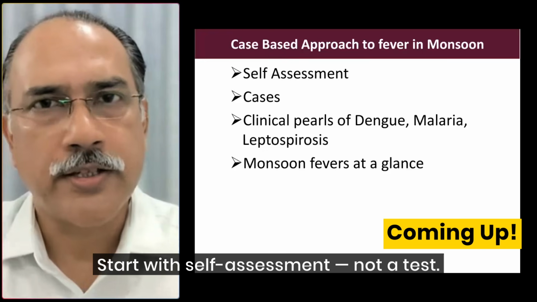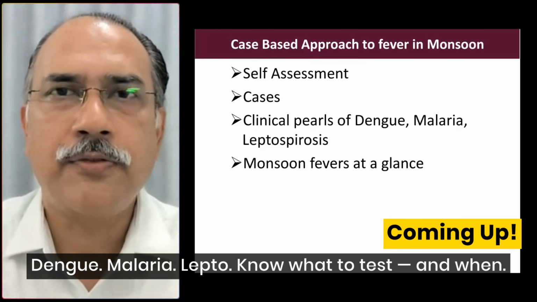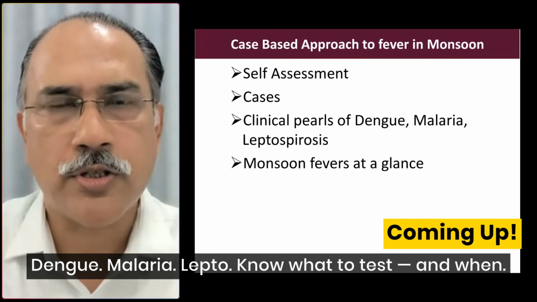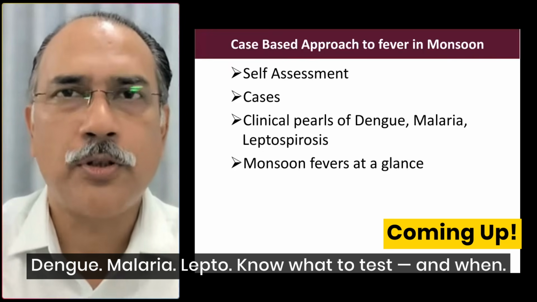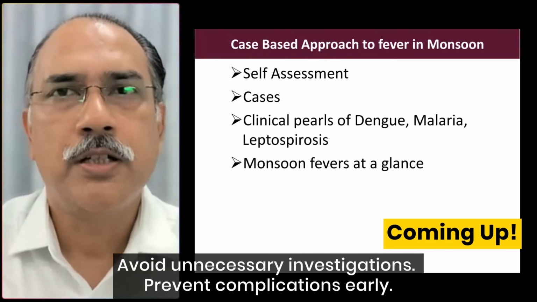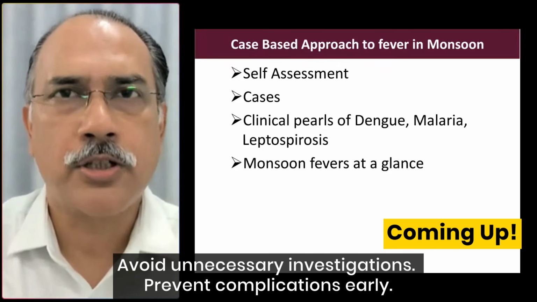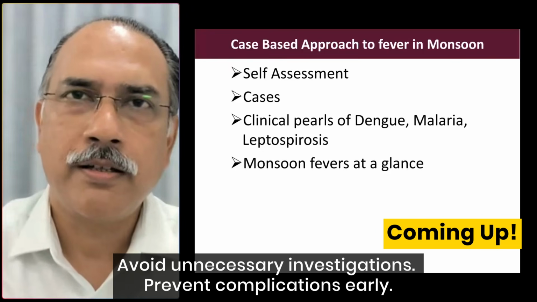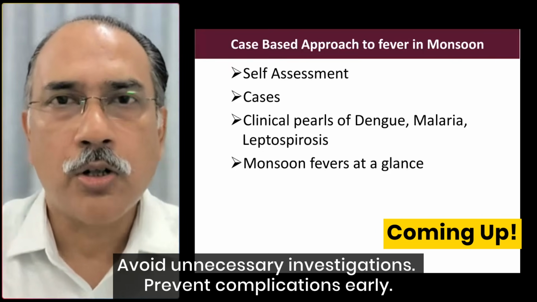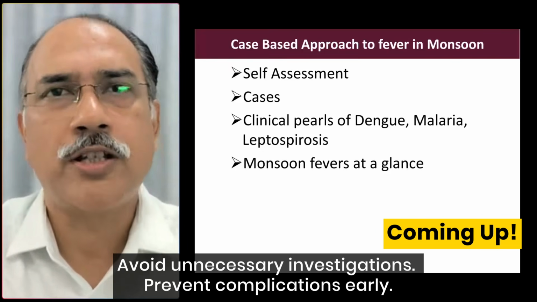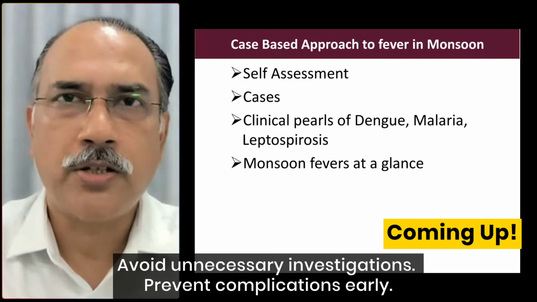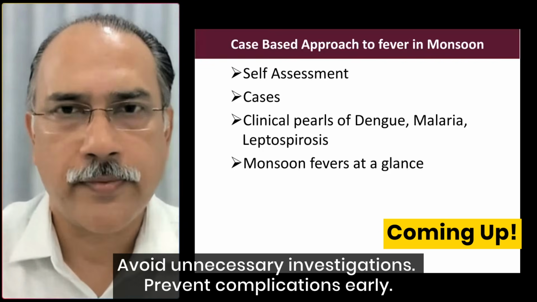Then I will be going through cases and we'll discuss some salient features of dengue, malaria, leptospirosis, how to use the laboratory and clinical parameters to make a reasonable, rational choice and avoid unnecessary investigations. But also, more importantly, you will diagnose and prevent complications to the patient and also to yourself.